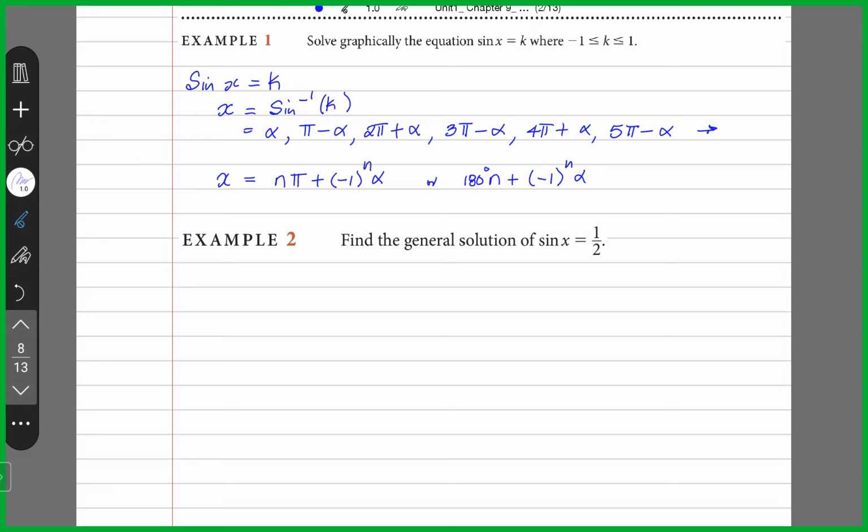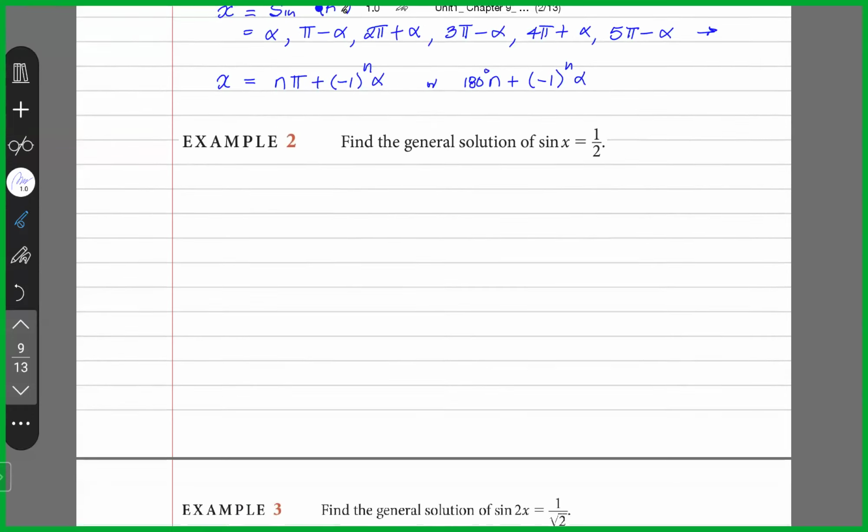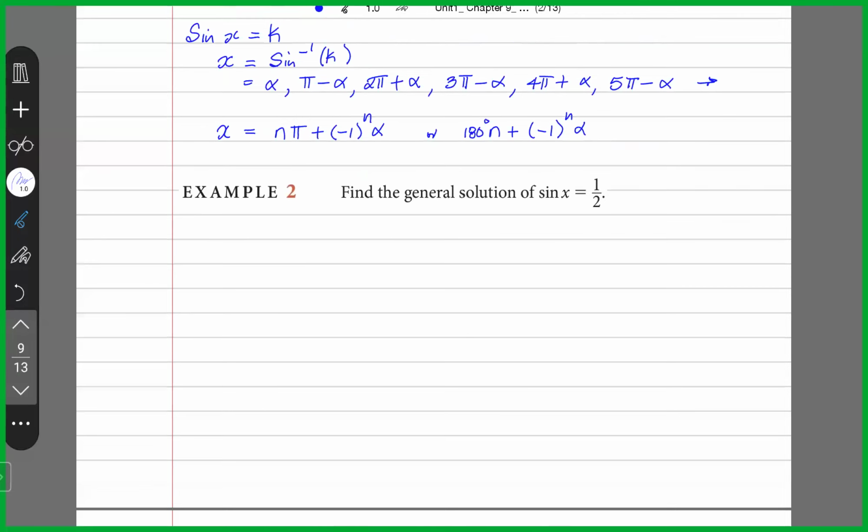Let me do example 2. Example 2 says, find the general solution of sine x is equal to a half. So let's start out. We need the general solution, not just a solution.